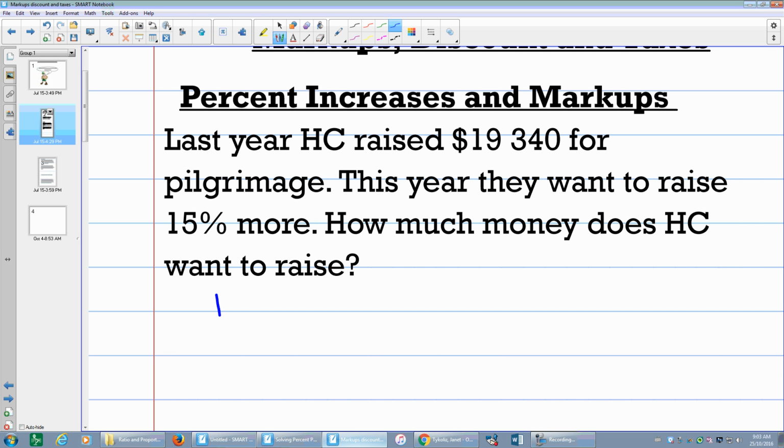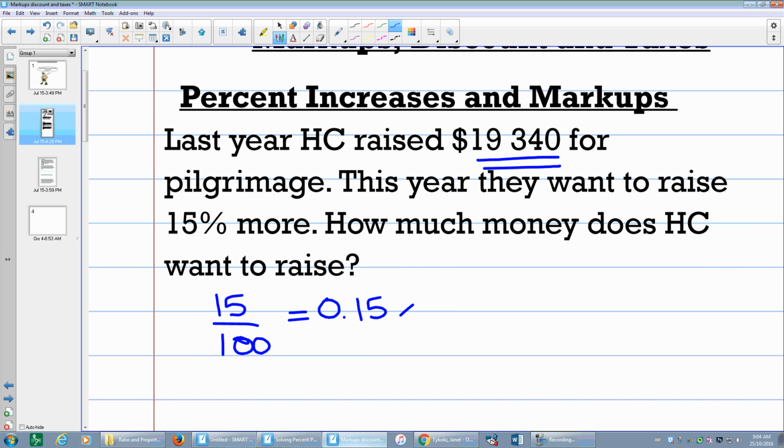So I'm going to take this 15% and write it as a fraction. So it's 15 over 100. And I can write that as a decimal by taking 15 divided by 100, which gives me 0.15. Okay, I want to find 15% of what? Of what Holy Cross raised last year.